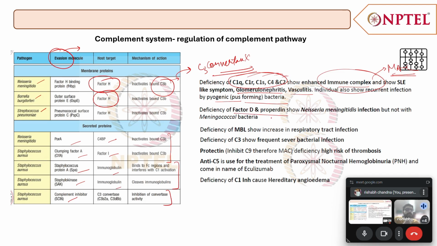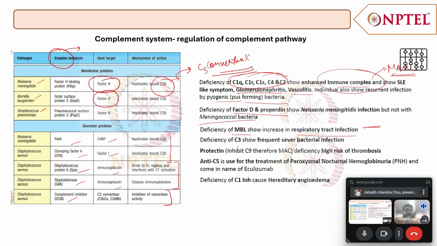Deficiency of factor D and properdin shows Neisseria meningitis infection but not with meningococcal bacteria. Deficiency of MBL, that is mannose binding lectin, shows in respiratory tract infection because the bacteria that cause respiratory tract infection mostly have mannose in their membrane.